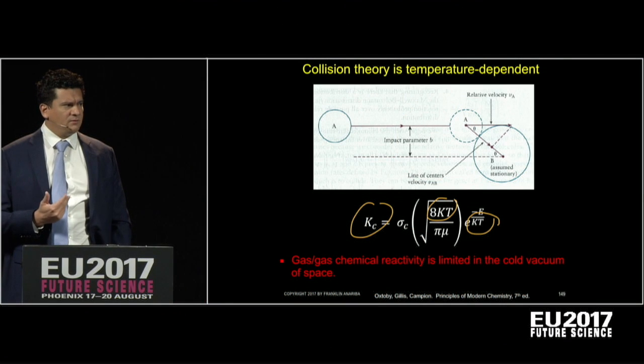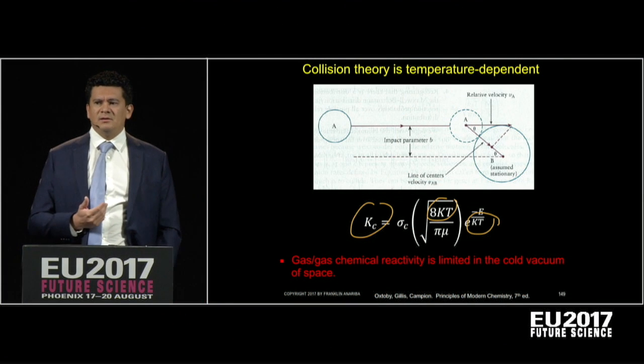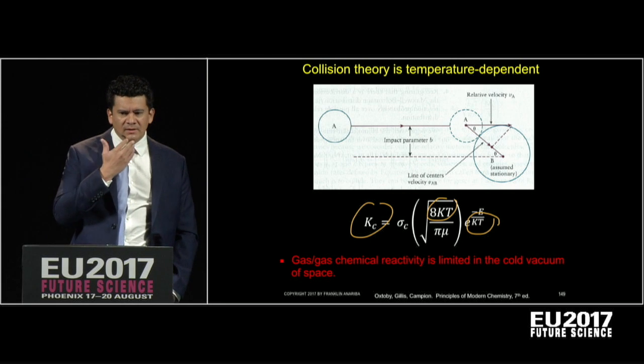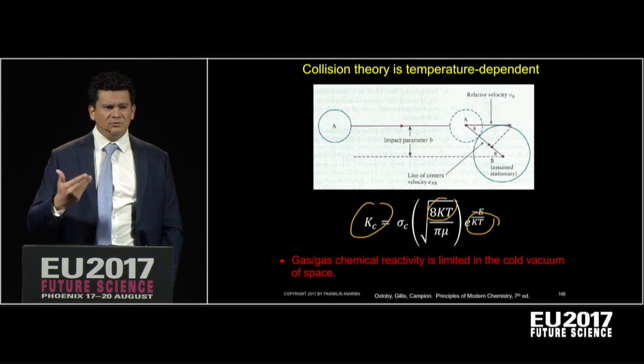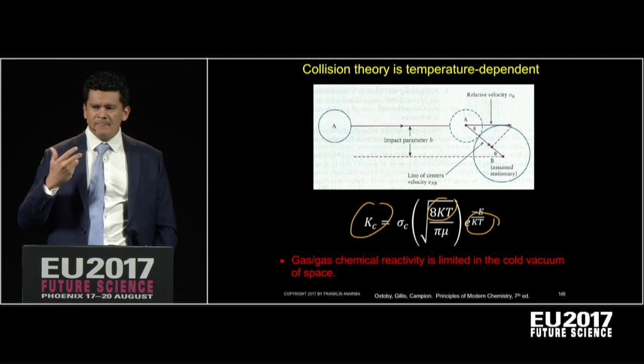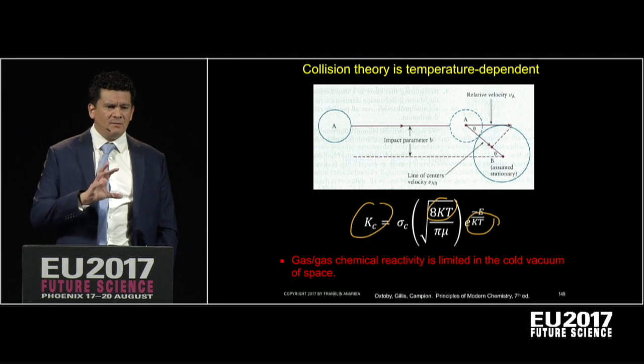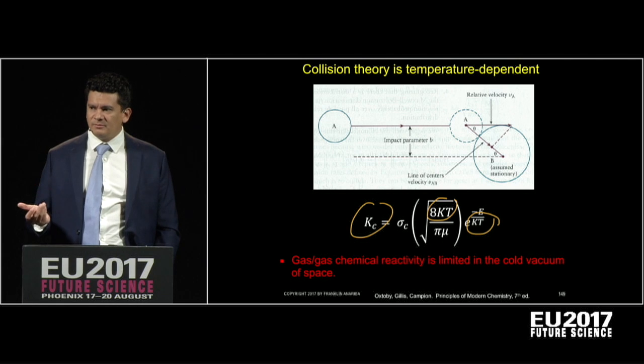Now, one of the biggest challenges for chemists, astrochemists, has been the fact that you see a lot of chemicals, a lot of volatiles, a lot of reactions occurring not only in comets but also in space, and they cannot really explain it because the temperature is not high enough.